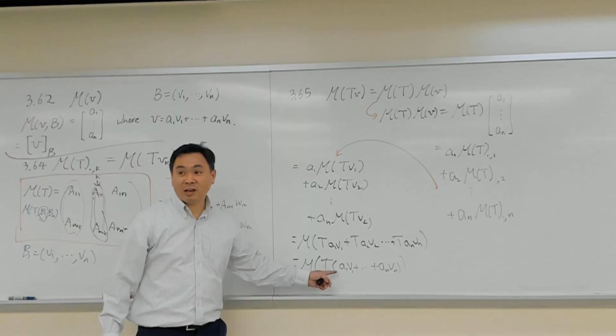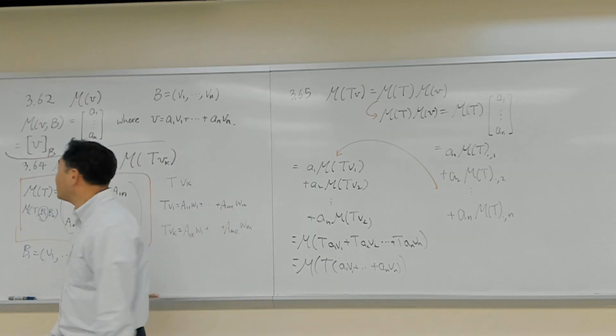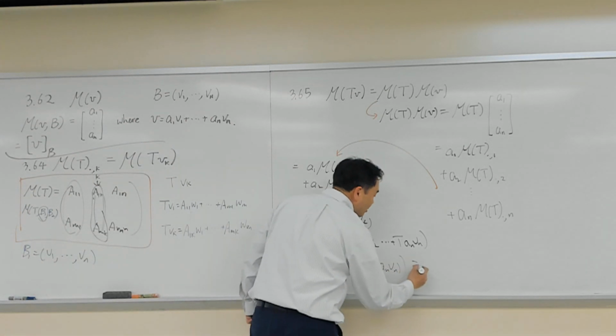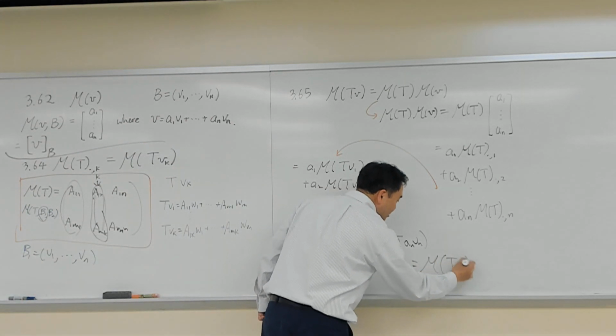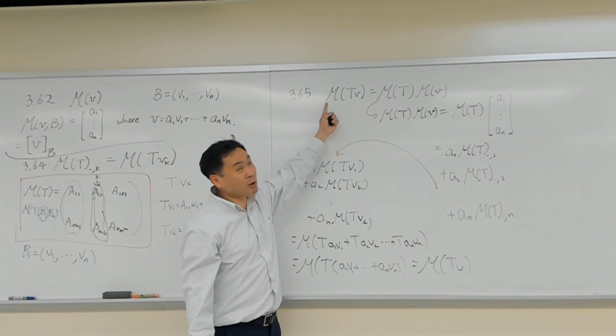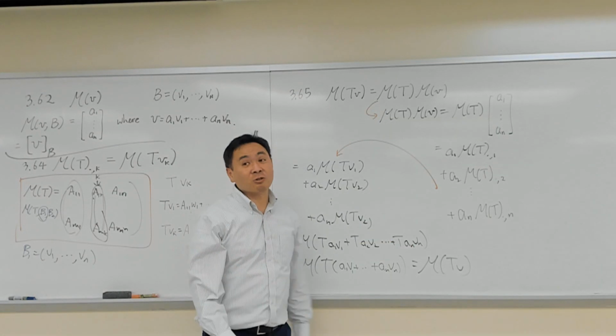Oh, but what is this? A1V1 through AnVn, that was our V, right? So that's going to be M of T V, and this is proved. We start from the right side and arrive at the left side, so this is true.